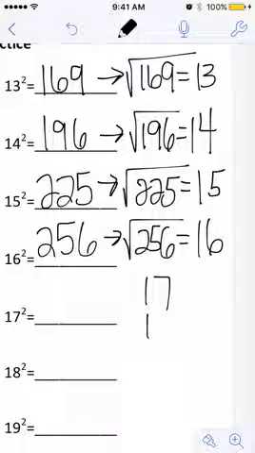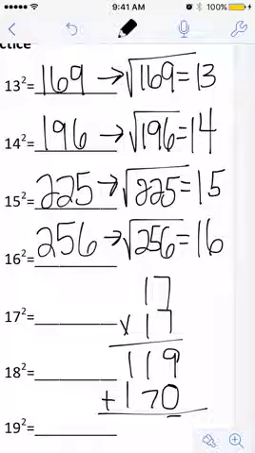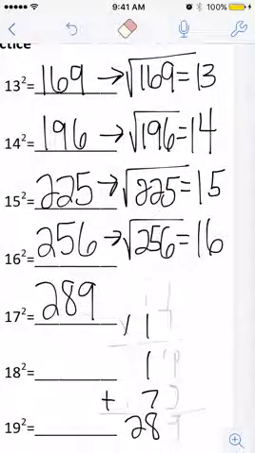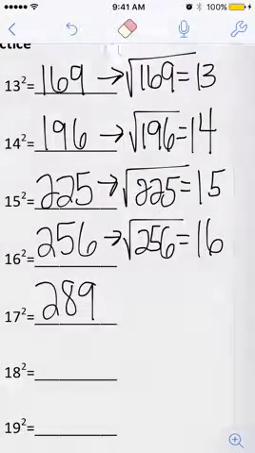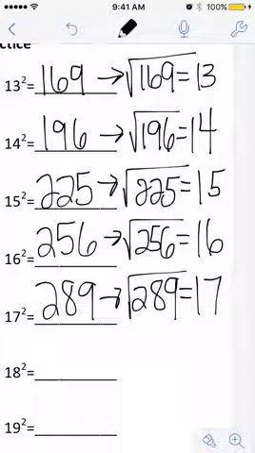I'm going to figure out 17. So that gives me 49, which gives me 11. Placeholder, 170, 9, 8, 289. So 289 is going to go there. And then we're going to take the square root of 289. So the square root of 289 equals 17.